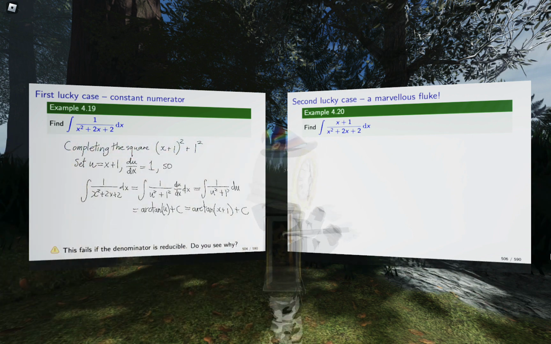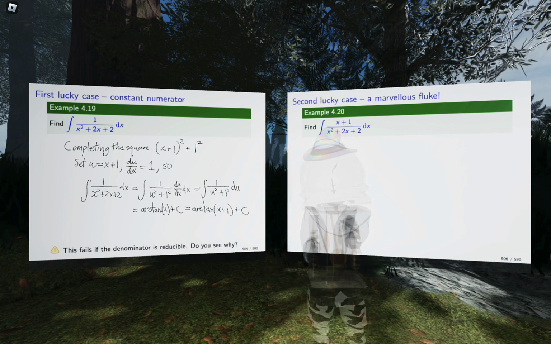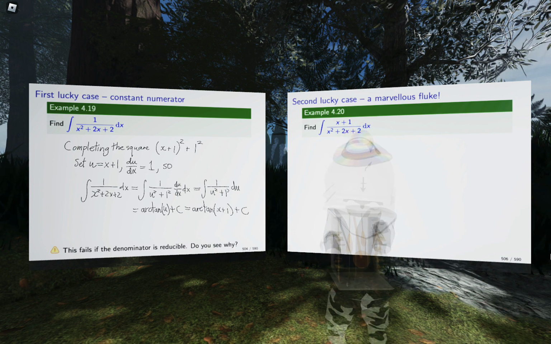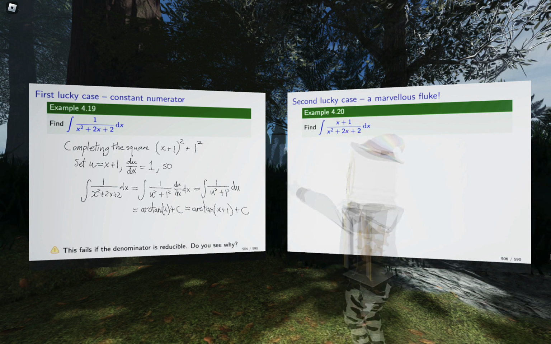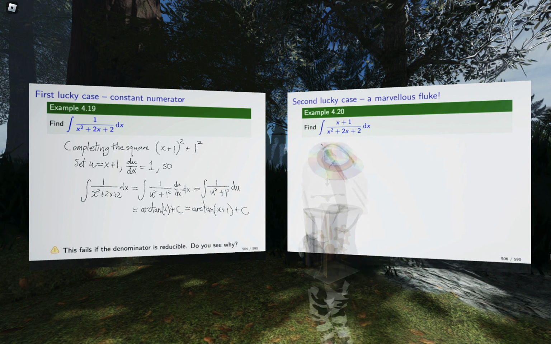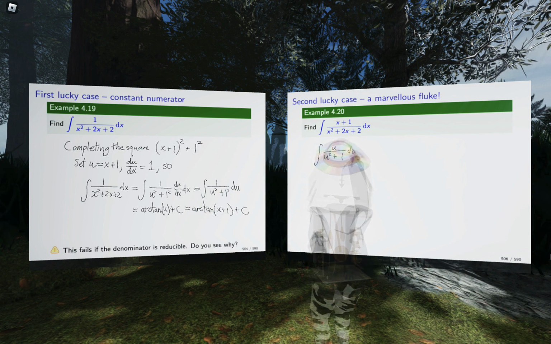So now let's try a slightly more complicated example. So now we've got a numerator that's not 1. Okay, so we'll just reuse the notation from there. So when we look at this, we'll get u divided by u squared plus 1 du.